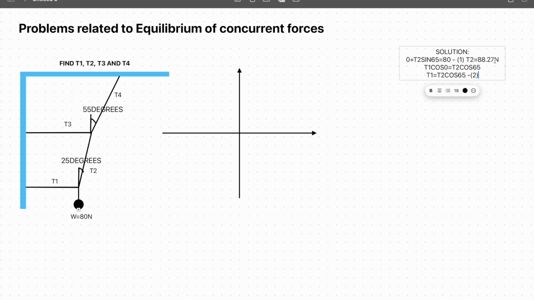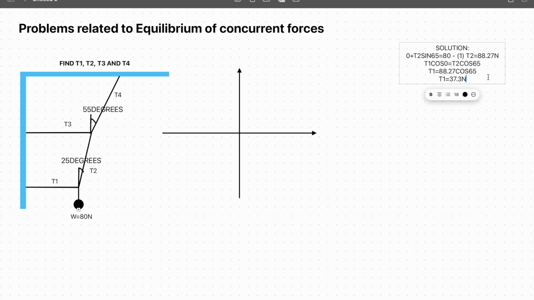Then we put it right here, so T1 equals 88.27 multiplied by cosine 65, which is 37.3 Newton. We got T1 and T2.